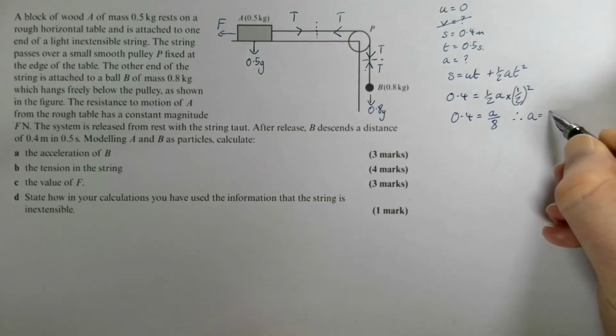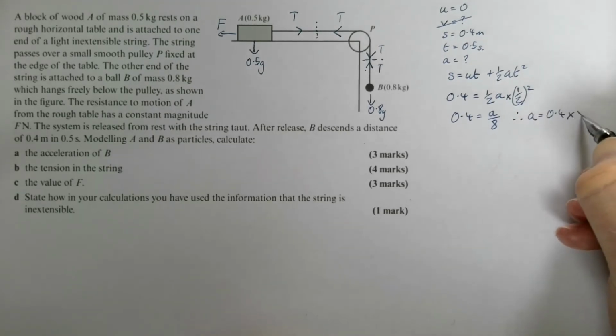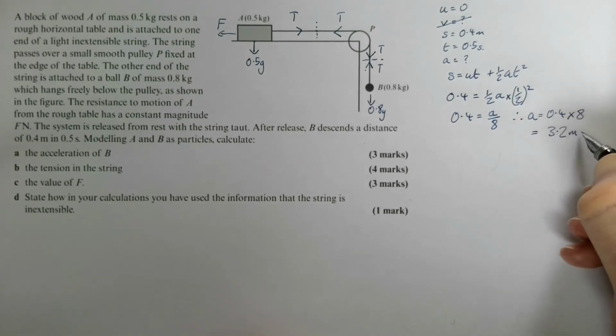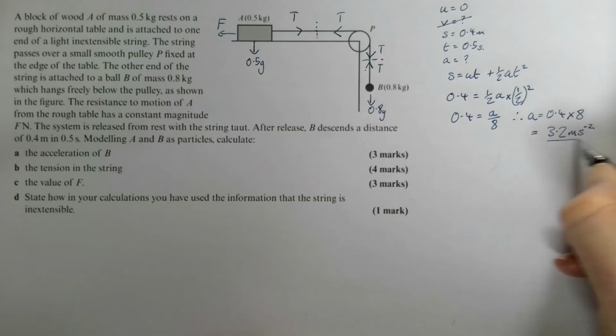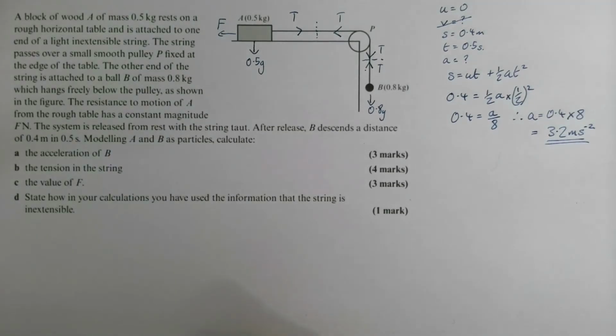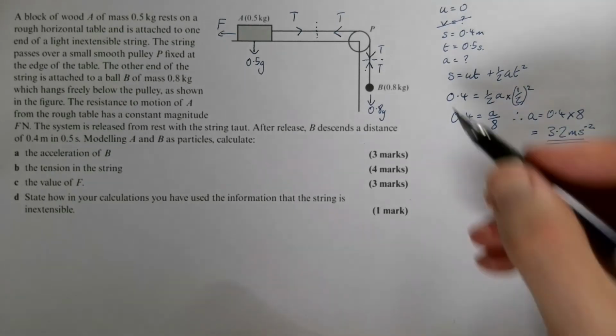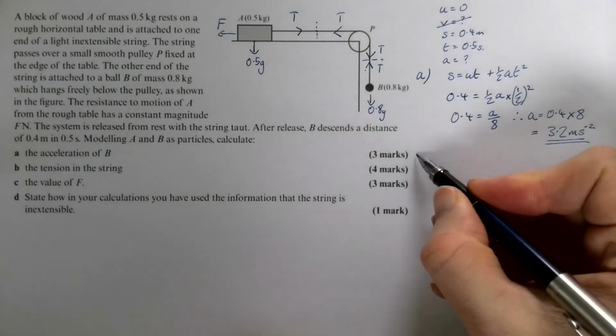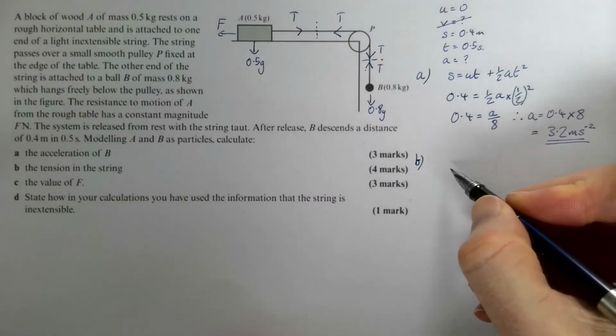Therefore A equals 0.4 times 8, which is 3.2 meters per second squared. Now then, so that was part A. For part B, finding the tension in the string.